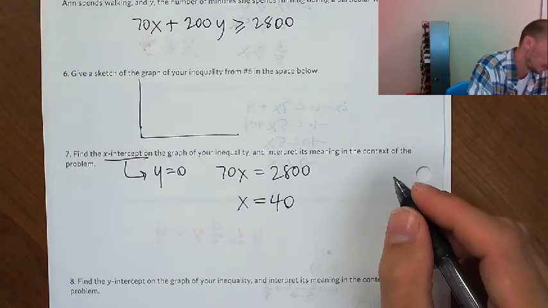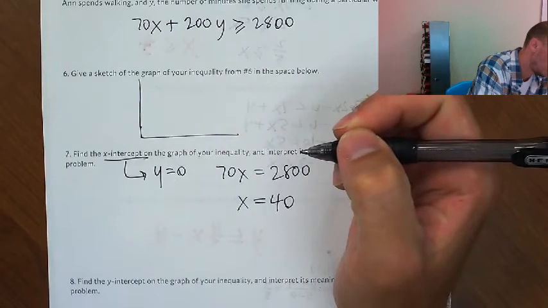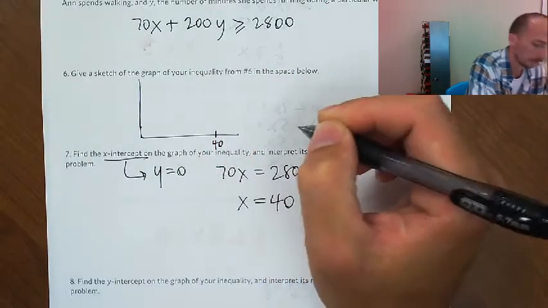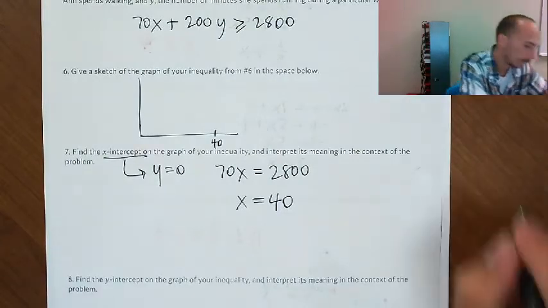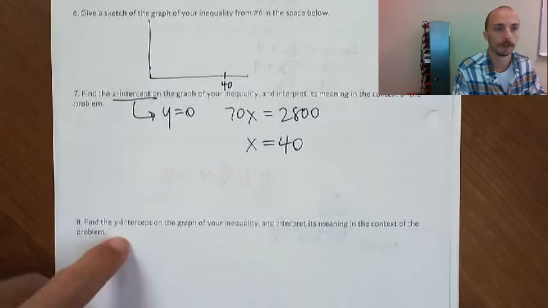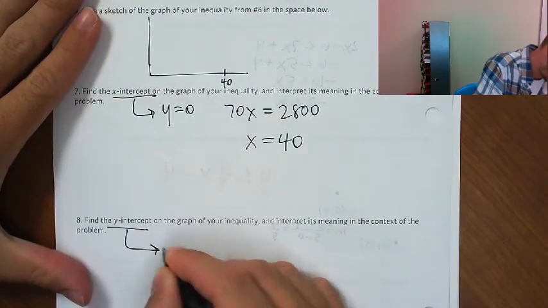I'm just going to label that 40. And then for the y-intercept, I know that's where x is equal to 0.